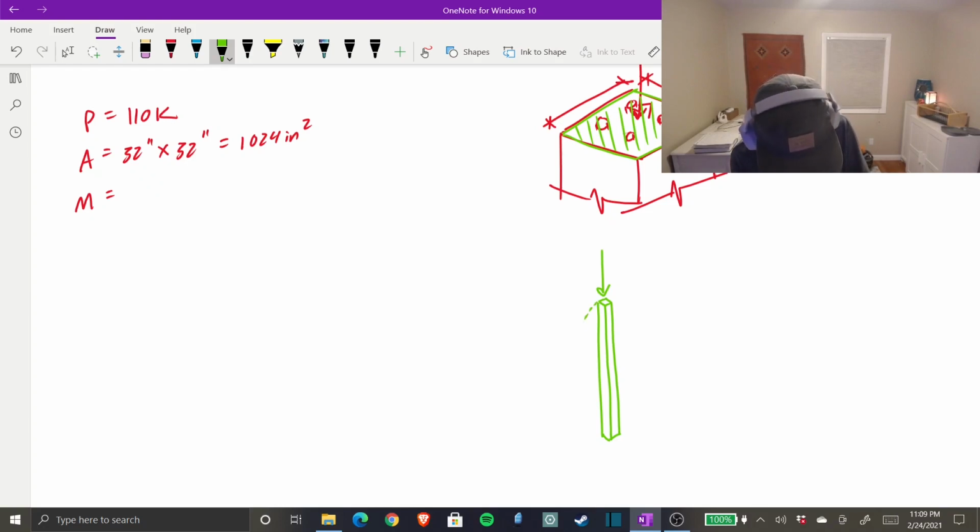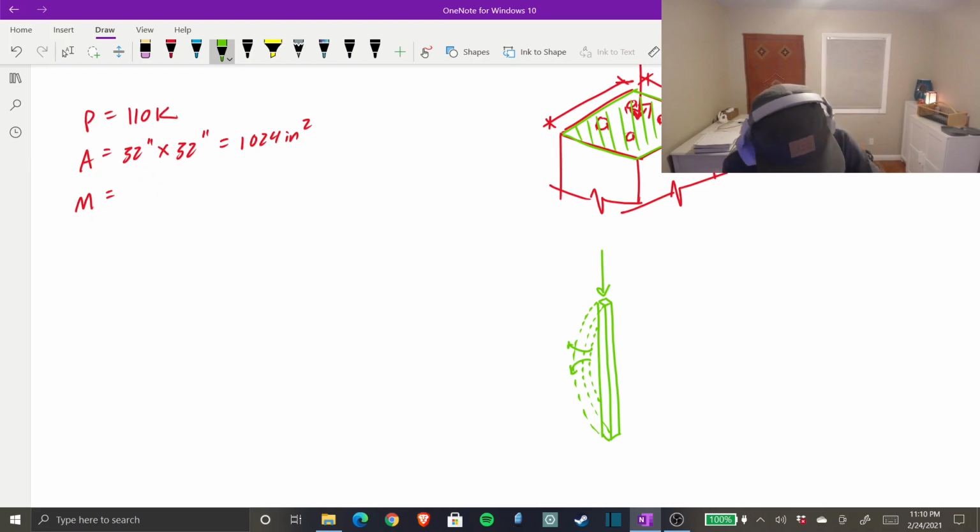Well, that pool noodle is going to deform like that. So that thing is going to bow out to the side, and that creates bending. So what does that mean? We have internal bending stress in our column, and you could say you have an internal bending moment in the column.